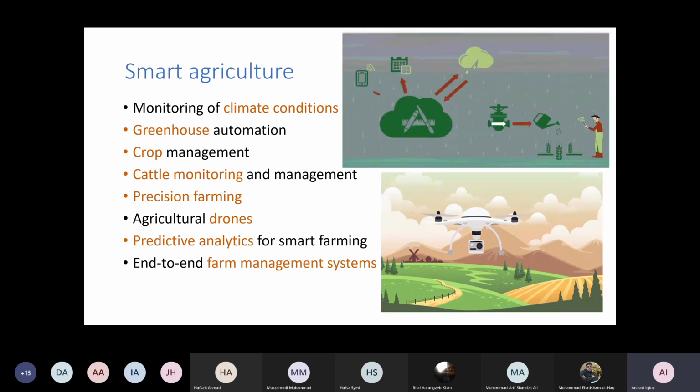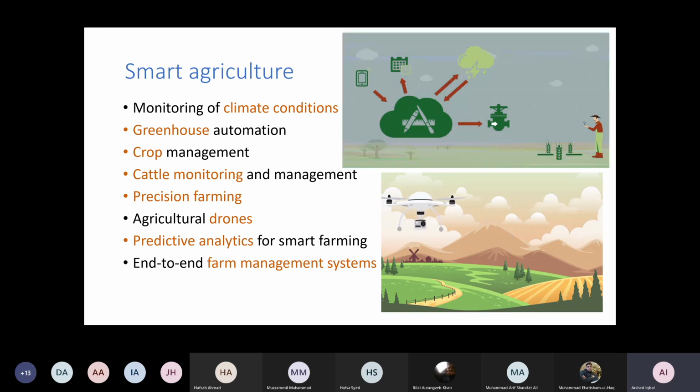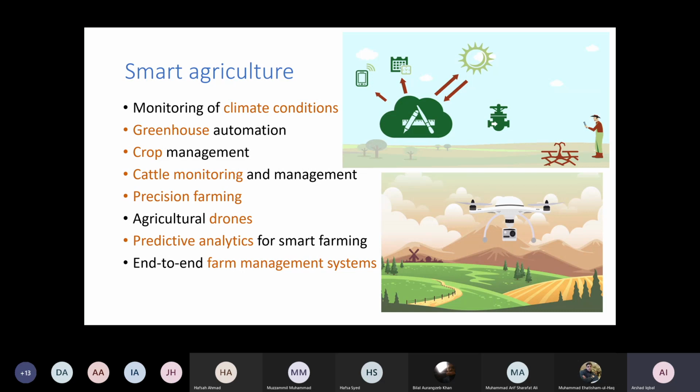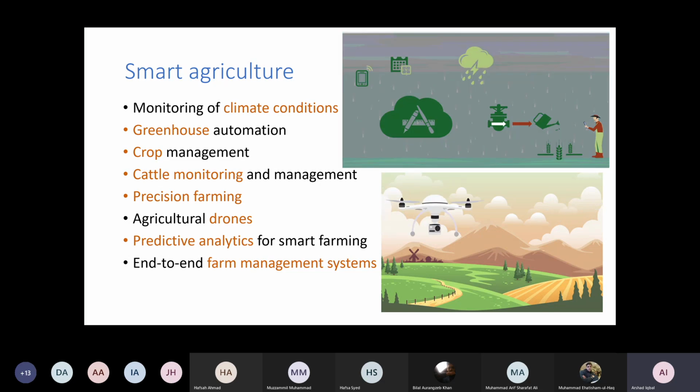So actually, the drone is a part of a network. For example, the drone has a camera which takes some pictures and collects video data, and those images contain information about the crop.